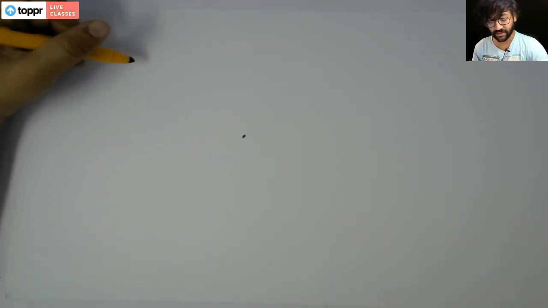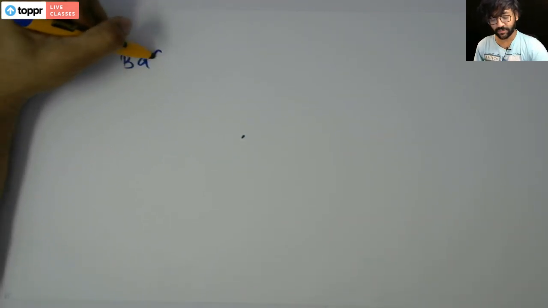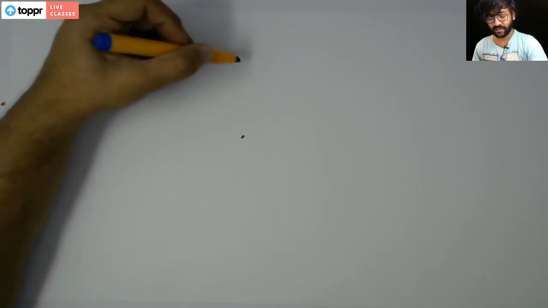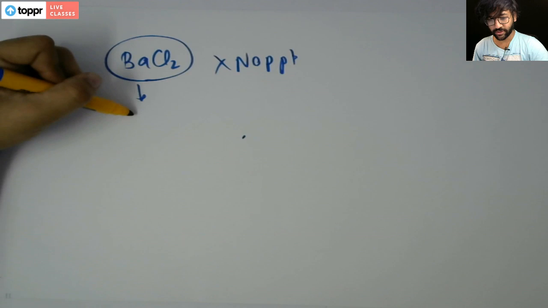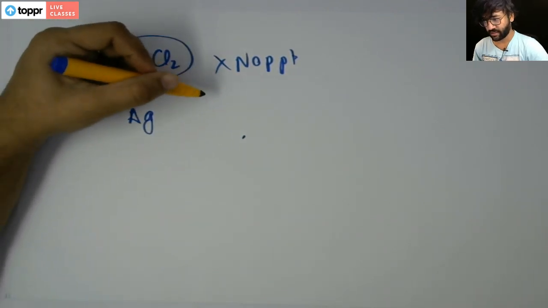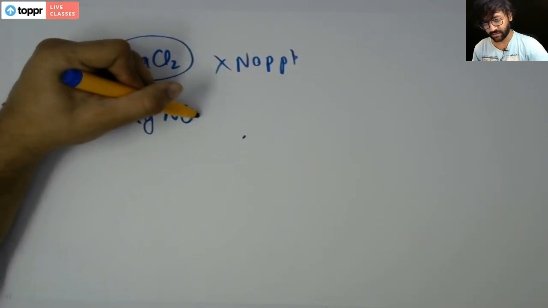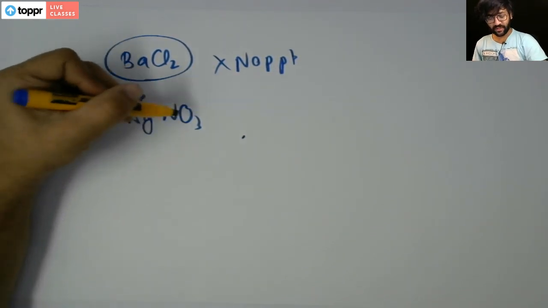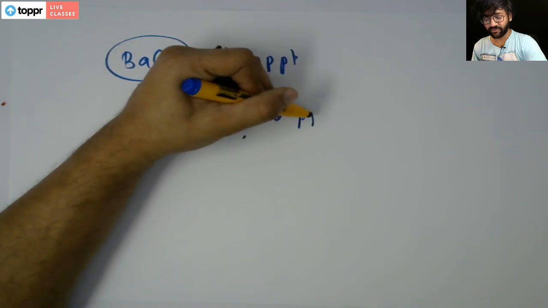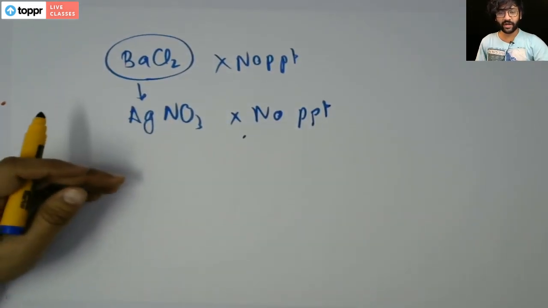How does that work? You have added BaCl2 to your solution, and there was no PPT, right? So in your solution you add AgNO3, the one which we used for finding the halogens. If there is a PPT, then obviously we have bromide, chloride or iodide.